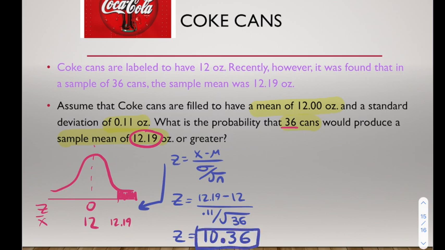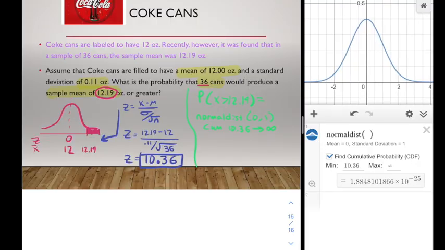So now that we know z, we can go and use our calculator to do the rest. The probability of x, or really x bar, being greater than 12.19 can be calculated by finding the area to the right of 10.36 in the normal distribution. And as you can see from Desmos, that's an extremely small probability. So small that we can't even see it on our graph.